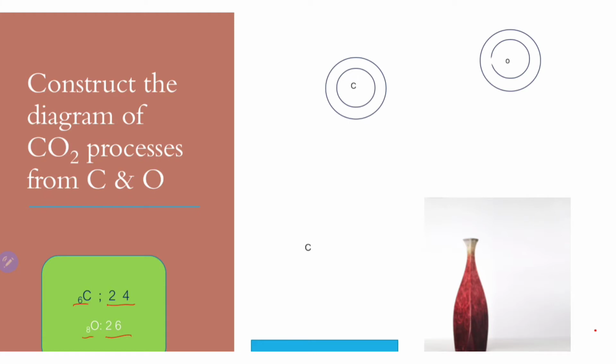Then we want to draw the electrons. The first shell 2 electrons, the second shell 4, then for oxygen, first shell 2, second shell 6.